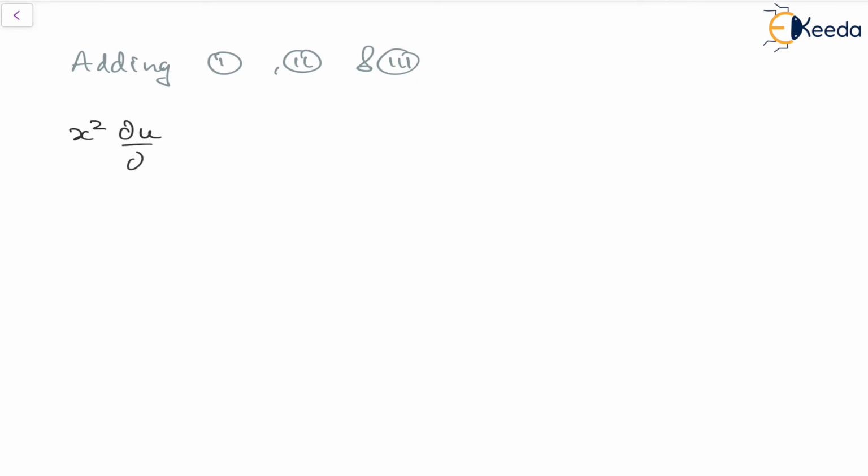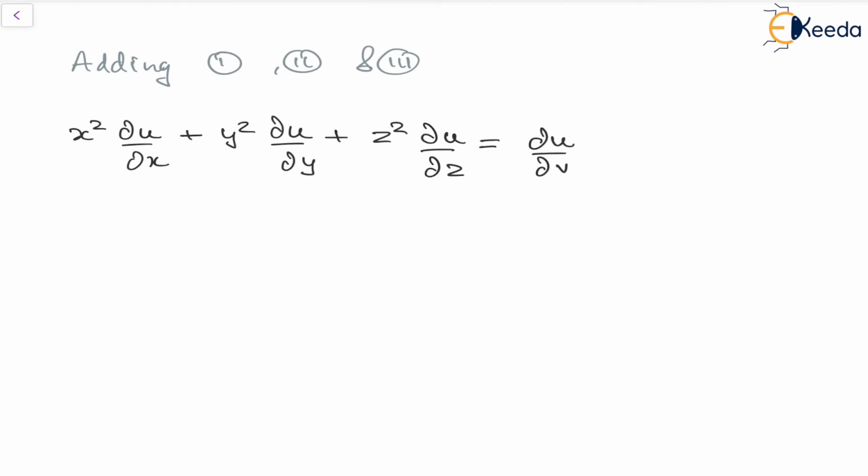Adding 1, 2 and 3, we have x square dou u by dou x plus y square dou u by dou y plus z square dou u by dou z equal to minus dou u by dou v minus dou u by dou w, coming from the first equation, plus dou u by dou v coming from the second equation, plus dou u by dou w from the third.